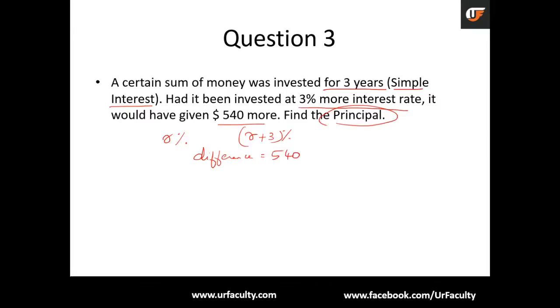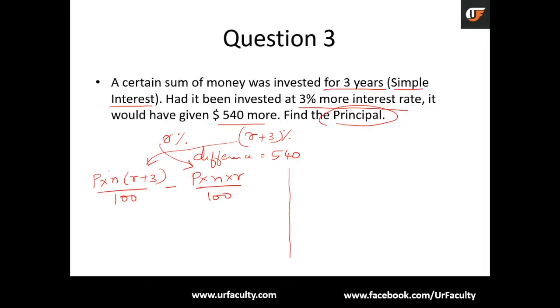Now I'll do it in two ways, and you can take the approach that you are more comfortable with. Let's go by the traditional method first. So what's the traditional method? The traditional method is P into N into (R plus 3) by 100 minus, this is basically the interest here, P into N into R by 100.